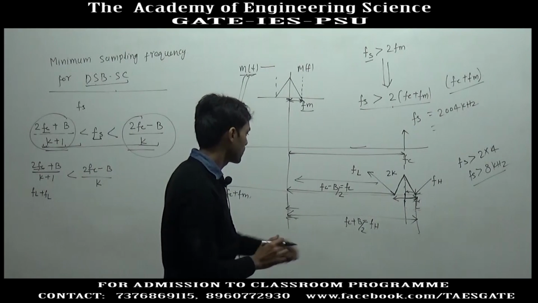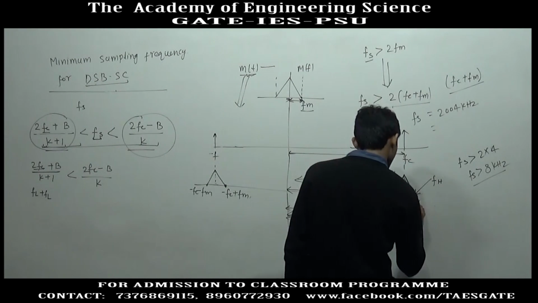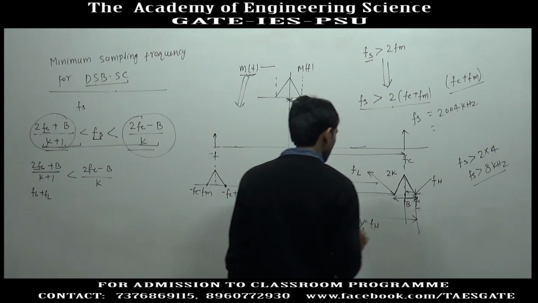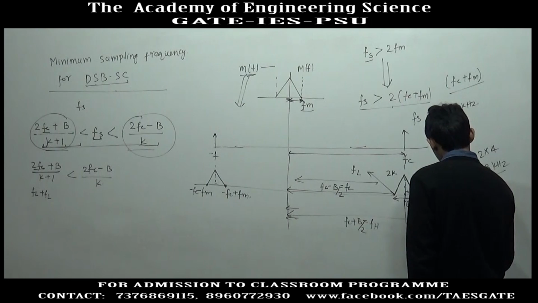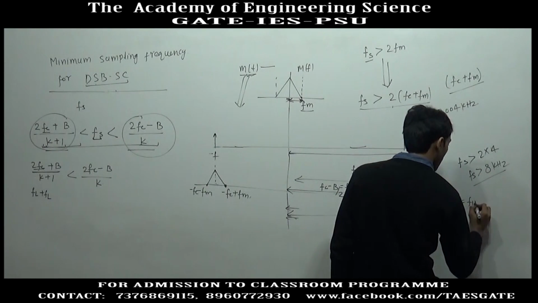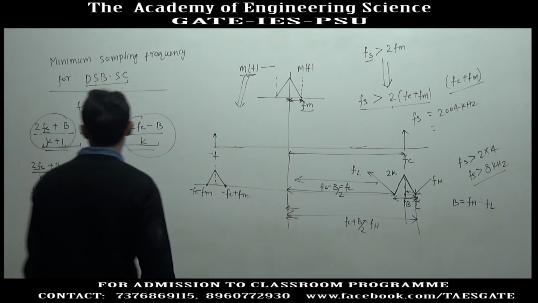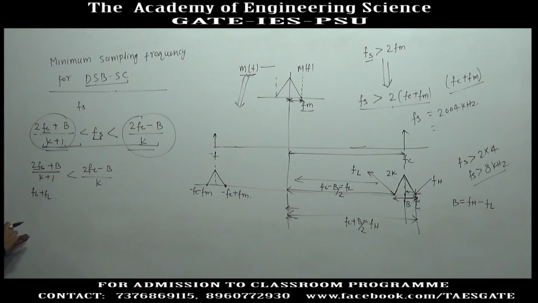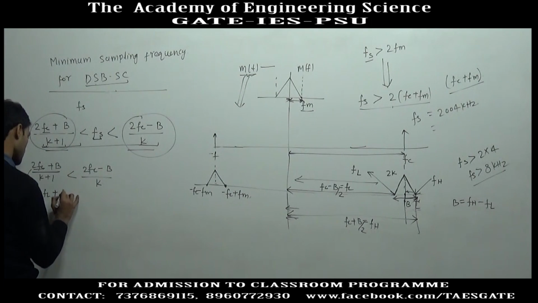So, in this case also fl plus fh is again 2fc, and suppose this is B, then B can be written as fh minus fl. So, 2fc can be written as fh plus fl, and B can be written as fh minus fl.